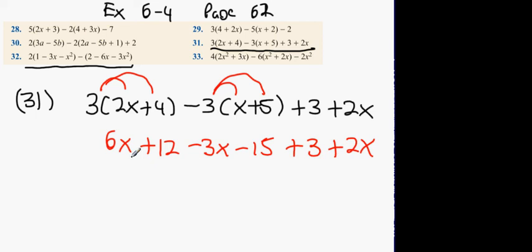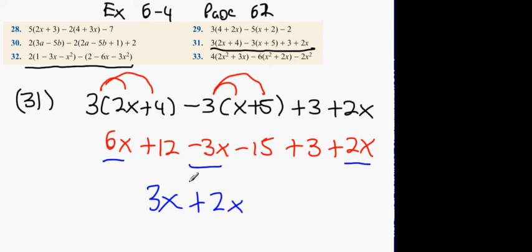Now what? And now you just, so it's 6x plus 12, 6x, sorry, plus minus 3x plus 2x, so that's... What's 6x minus 3x? Minus 3x. And what's minus 3x plus 2x?